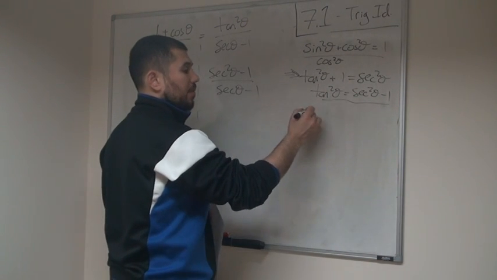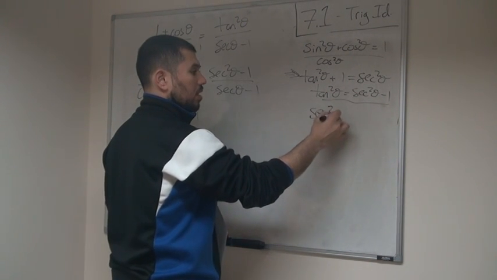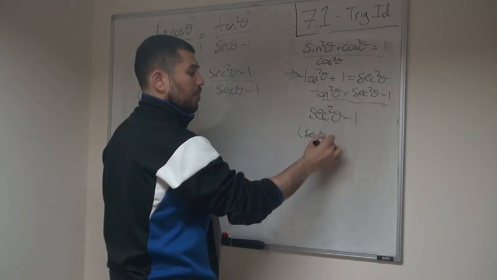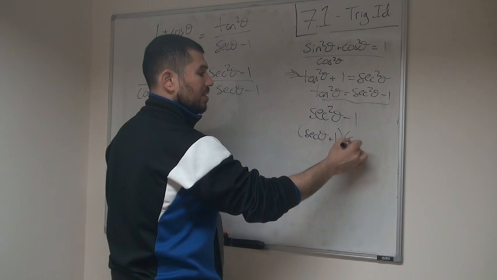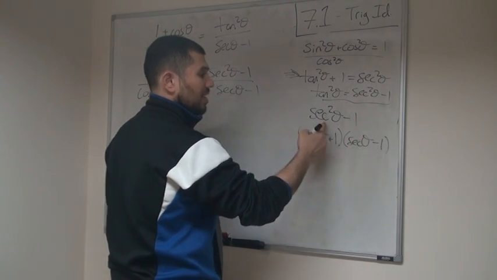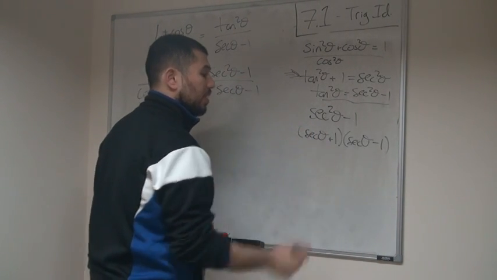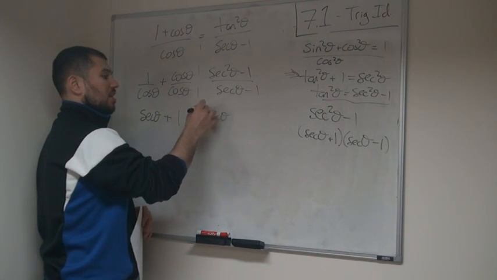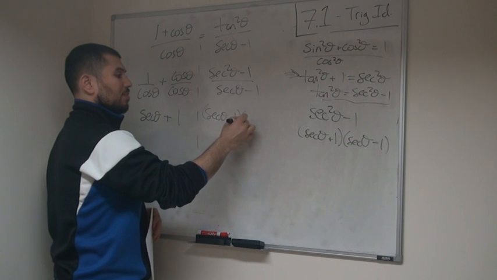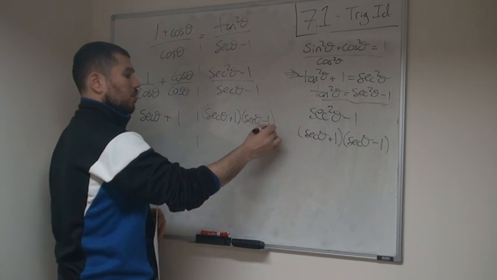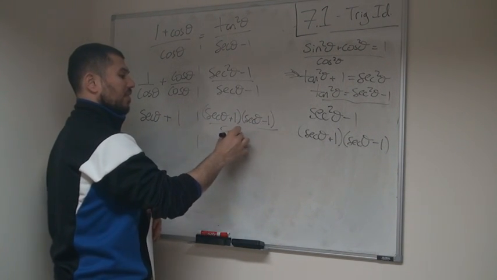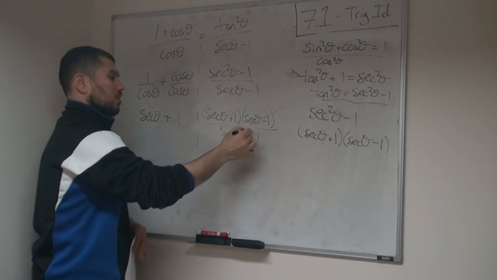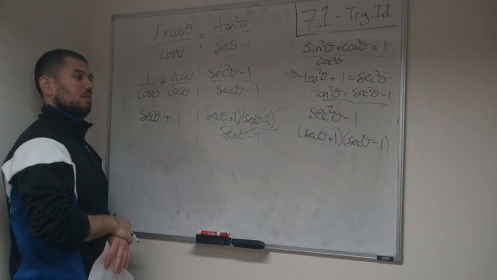Secant squared theta minus 1 can be factored to secant theta plus 1 times secant theta minus 1, right? A squared minus b squared is a plus b times a minus b. So if I have secant of theta plus 1 times secant of theta minus 1 over secant of theta minus 1, well, don't these two terms cancel?